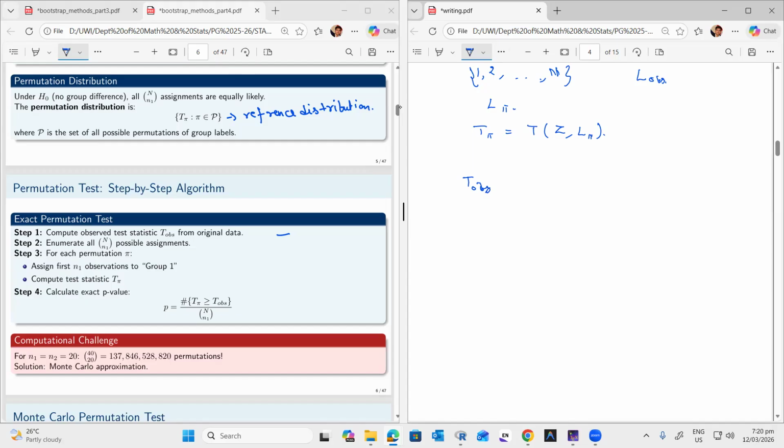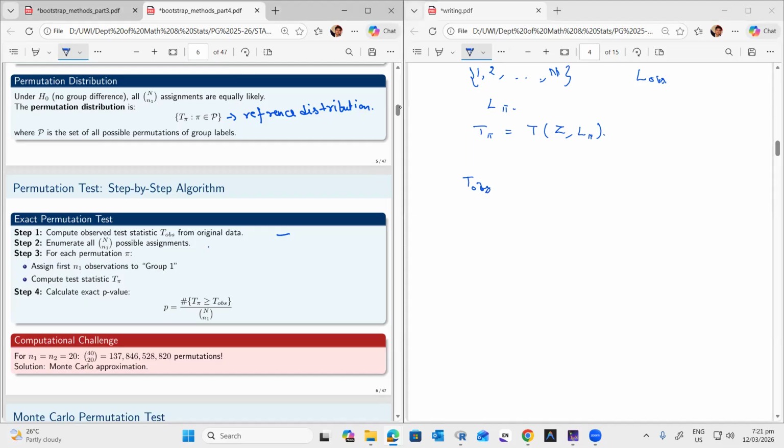T observed is used as the original benchmark against which we compare every possible value of the statistic from all permutations. In the permutation framework, we condition on the data, and the only randomness comes from the allocation of the labels.